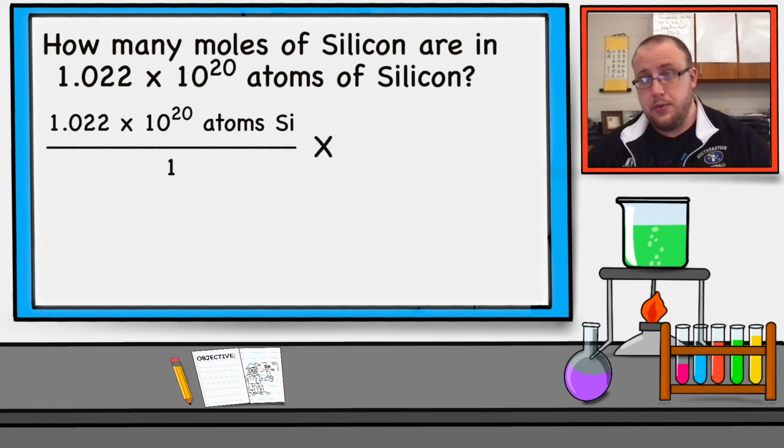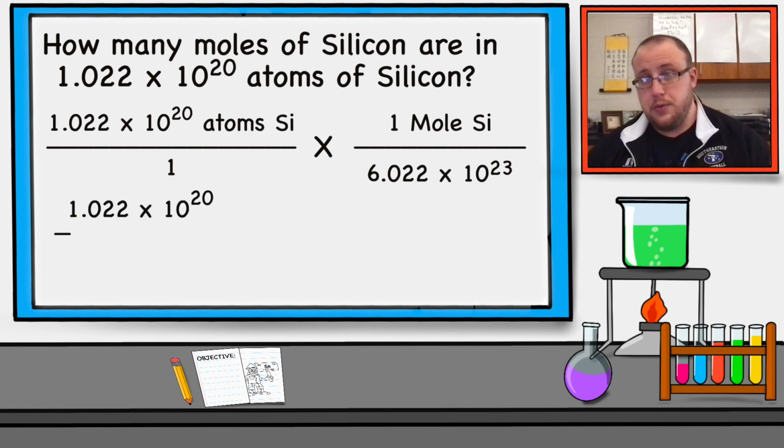Next, we multiply by our relationship of 1 mole of silicon over 6.022 times 10 to the 23rd atoms of silicon. Now we multiply our tops and we get 1.022 times 10 to the 20th power, and we multiply our bottoms and we get 6.022 times 10 to the 23rd power. The last thing is we divide these numbers out.